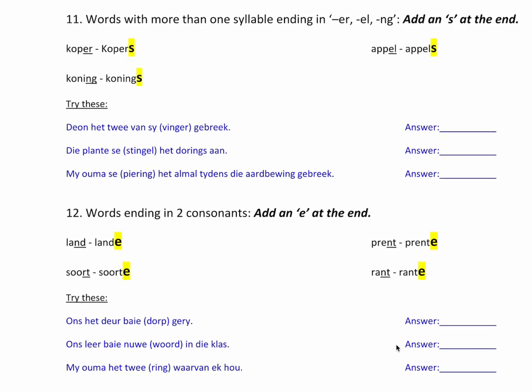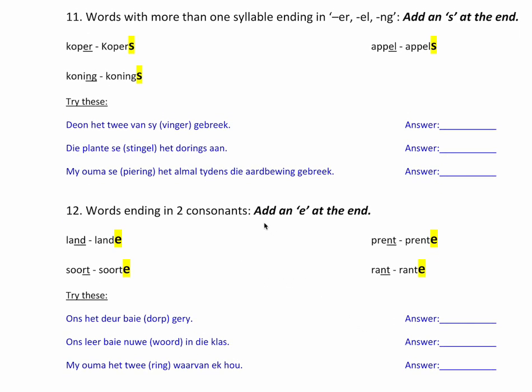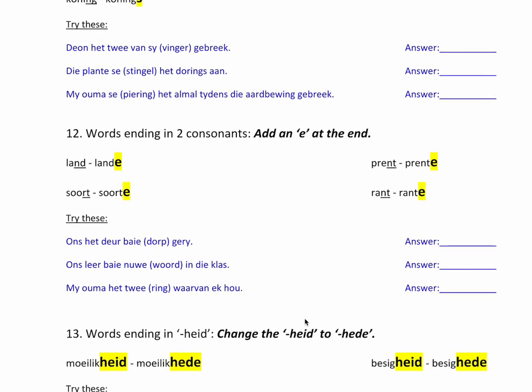Words that end in two consonants also just have an E at the end. Land becomes lande. Soort becomes soorte. Prent becomes prente. And rand, it's not money, but the corner of something. Rand will become rante. So here we have dorpe, woorde, or ringe as well.